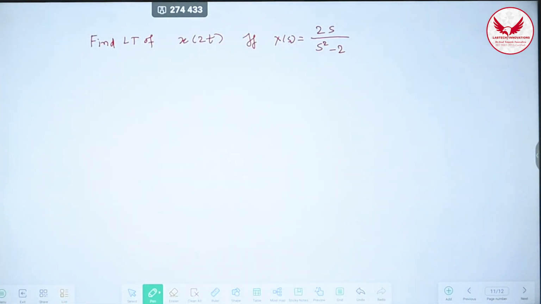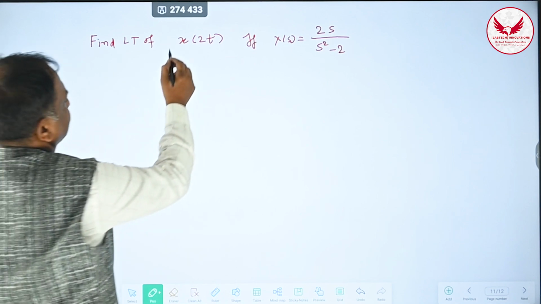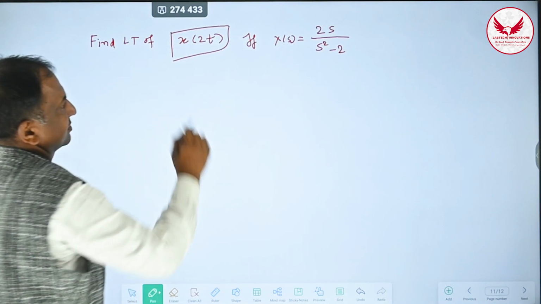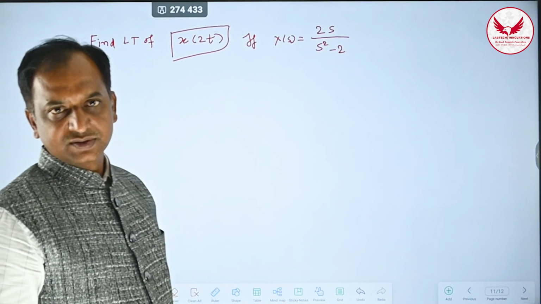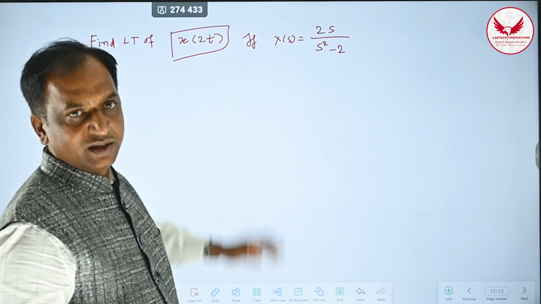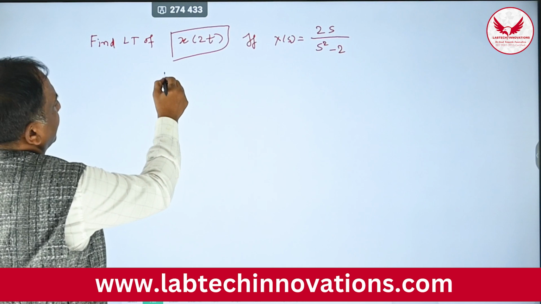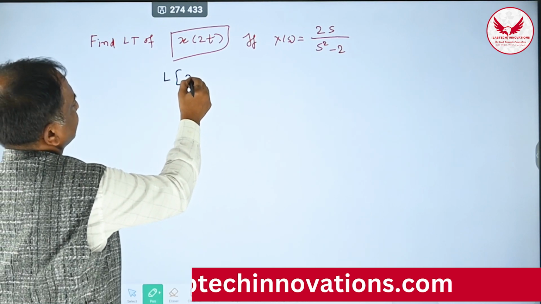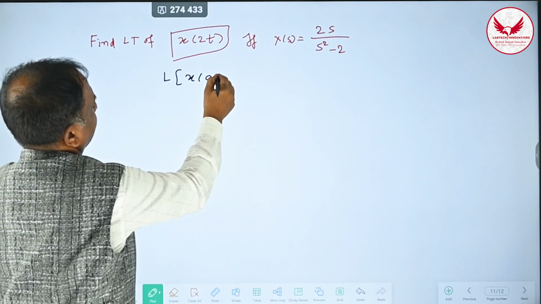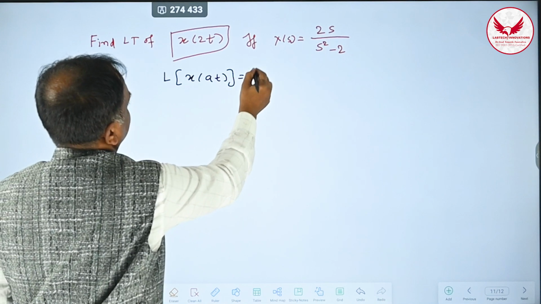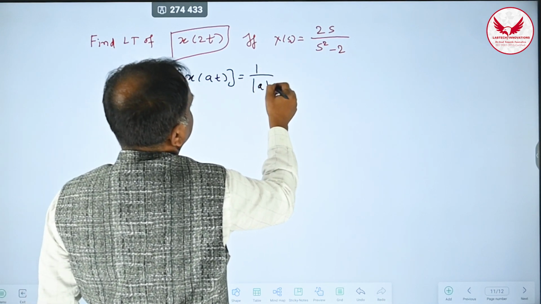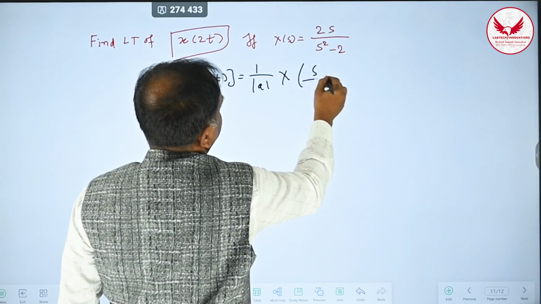One more problem we will see. Here, find the Laplace transform of x of 2t if x of s is given. If you compare with the property, this is the time scaling property. The time scaling property states that the Laplace transform of x of at is equal to 1 upon a into x of s by a.